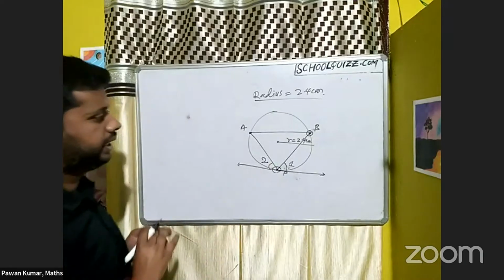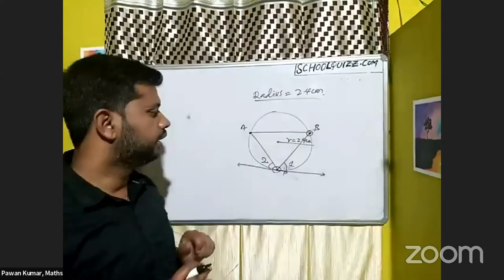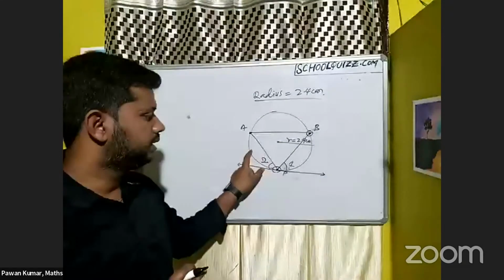So how can you draw that angle here? Whatever angle you draw from this side must be equal to angle 2. Understand? So why is this happening here?